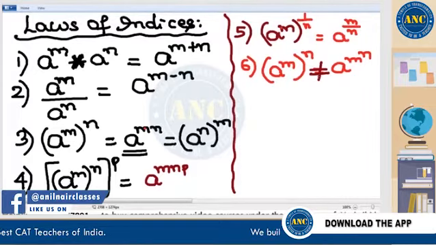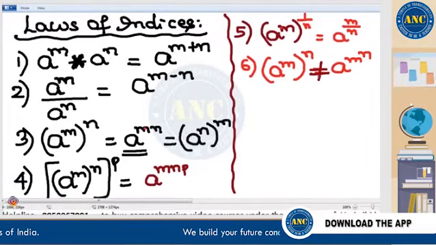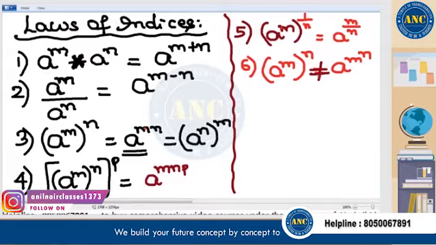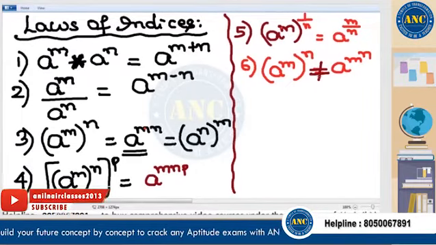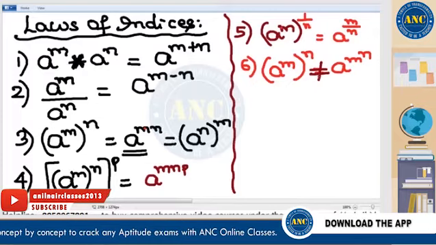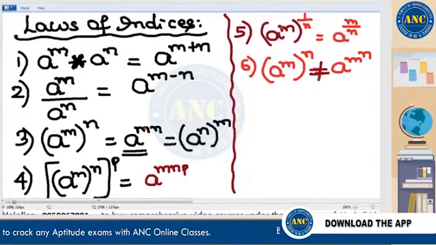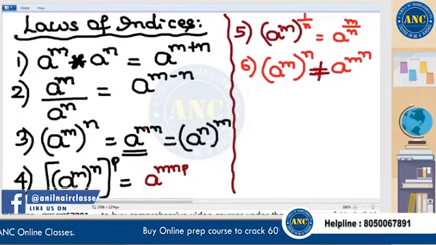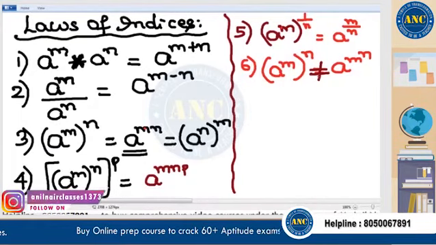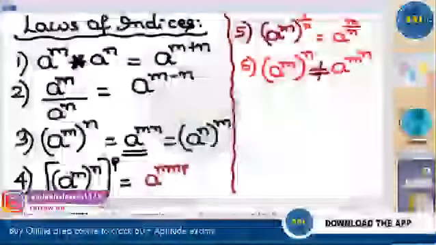A power m whole power n is not equal to a power m power n. That extra bracket really makes a lot of difference in simplifying. I will take an example in some time and tell it to you, right? I will also give an example after we list out all the laws of indices.